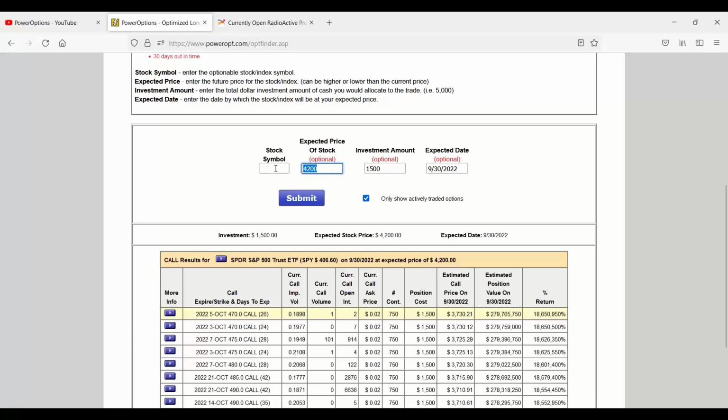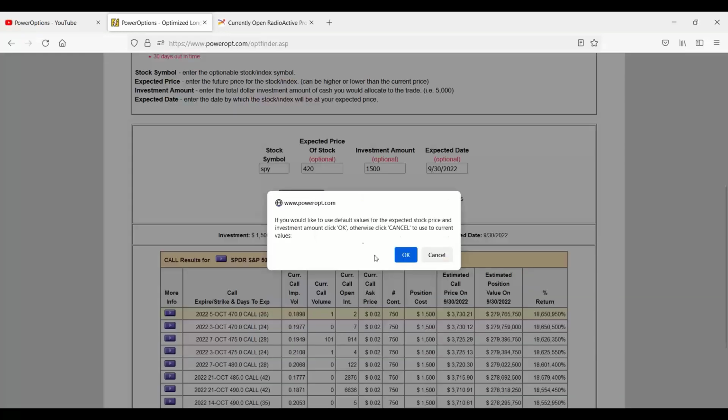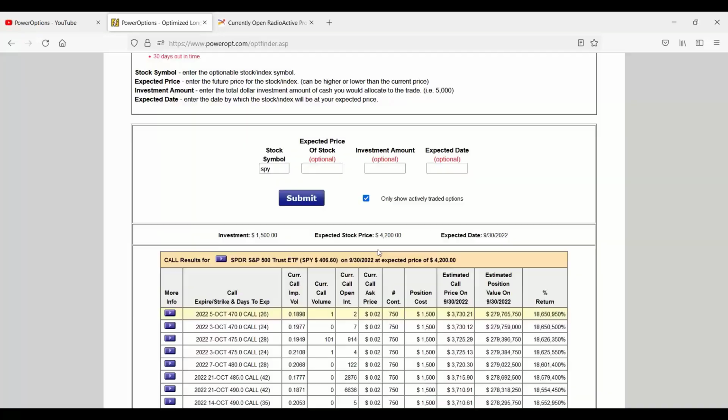475. Oh, that's because I made a mistake. Sorry, folks. Let's try that again. Let's go up to 420 and use SPY instead of using 4,200 for SPX. That would work much better, won't it? All right. And we said 930. Okay, let's get it right this time.